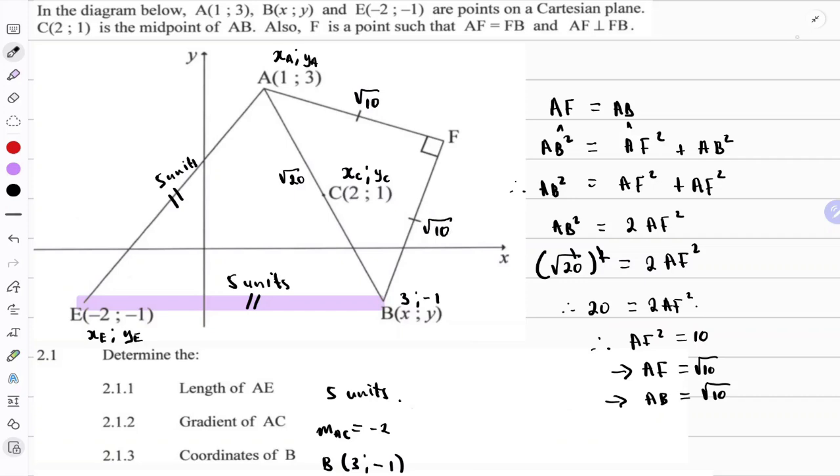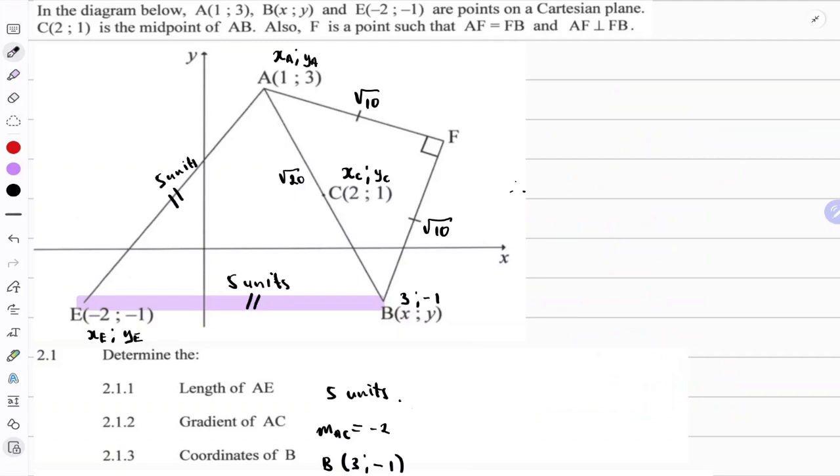So now we can apply the formula for calculating the area of a triangle. We can say that the area is equal to half multiplied by the base times the perpendicular height. So in this given case, we can call this our base, and this here is our perpendicular height.